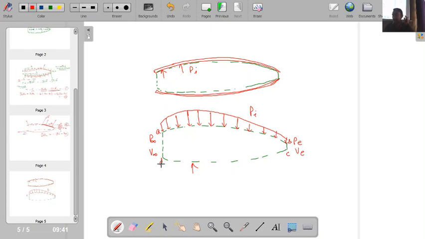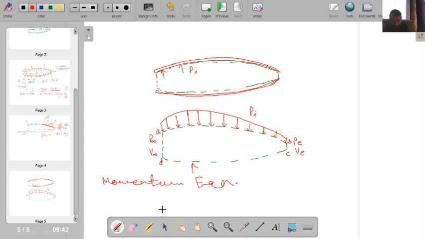Now this is a completely fluid control volume, so let's apply the momentum equation for this fluid control volume. If I write the momentum equation for this, first thing is this is a steady state situation. Flow is not changing with time, so the temporal term of the momentum equation will vanish.